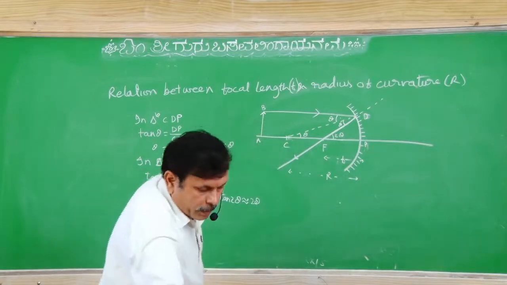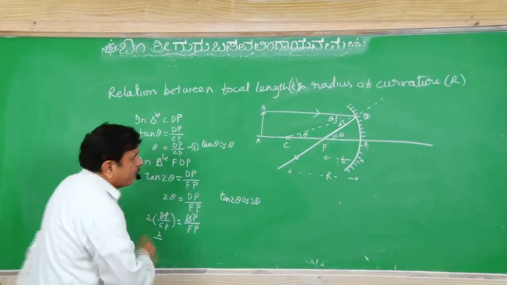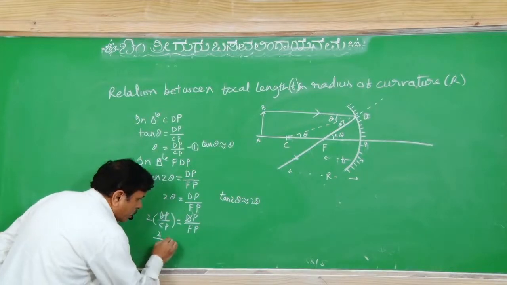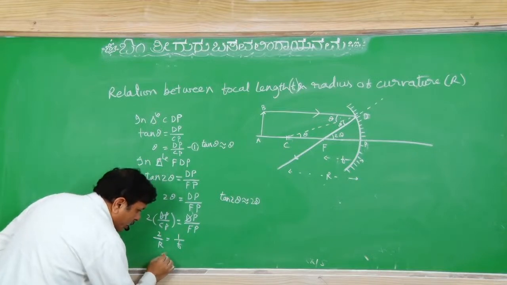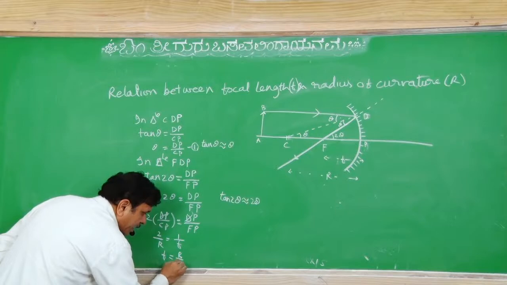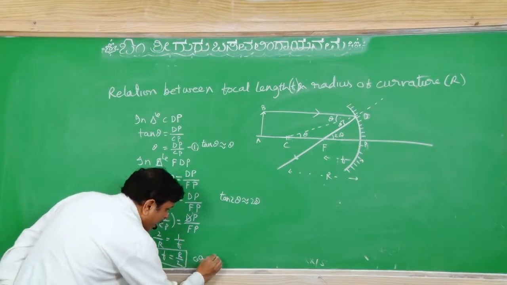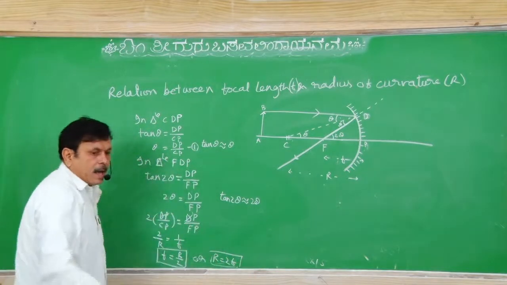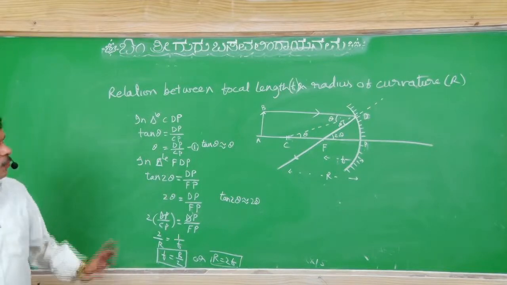So we get 2 divided by CP, CP is R, equal to 1 divided by f. Writing it in reverse, we get f equal to R divided by 2, or R equal to 2f. So this is the relation between R, radius of curvature, and principal focal length.